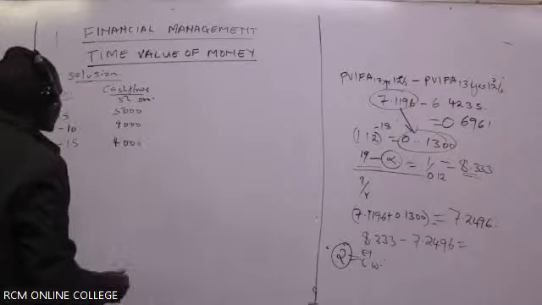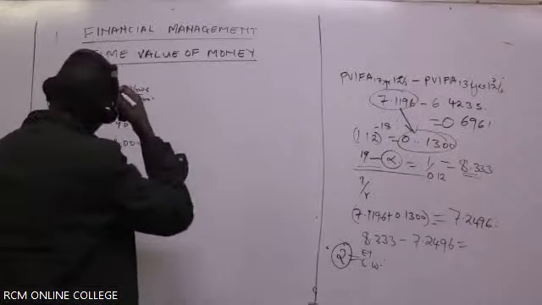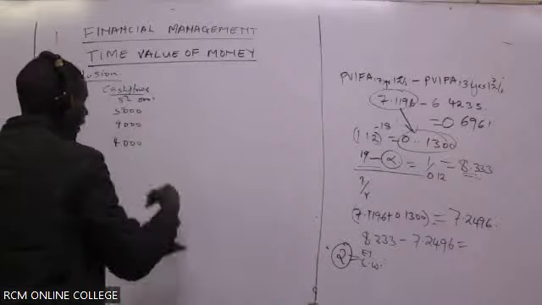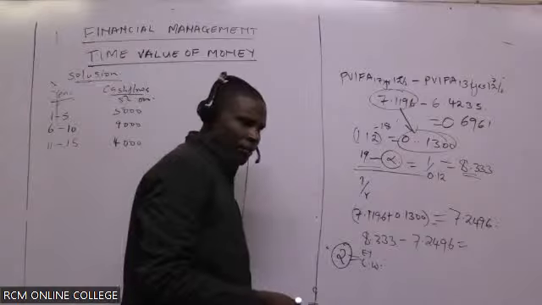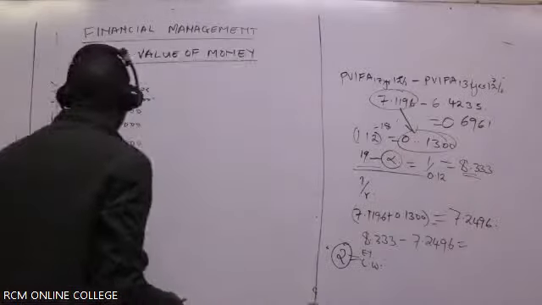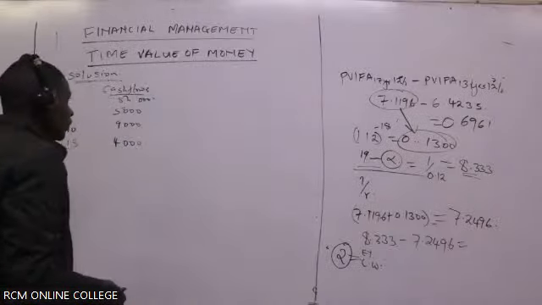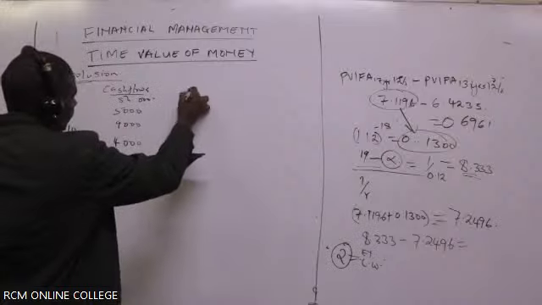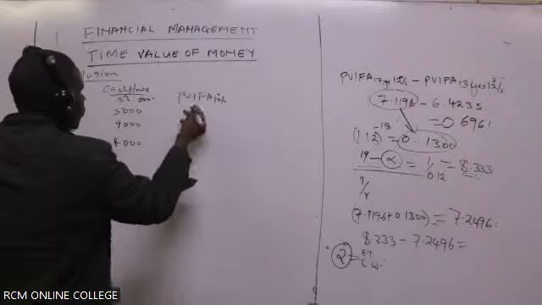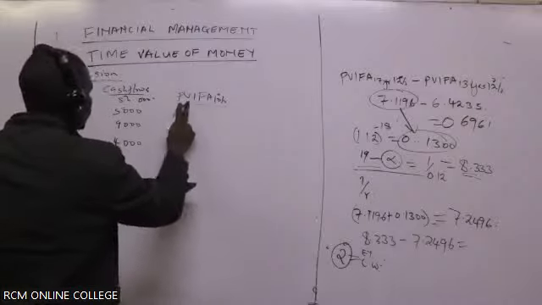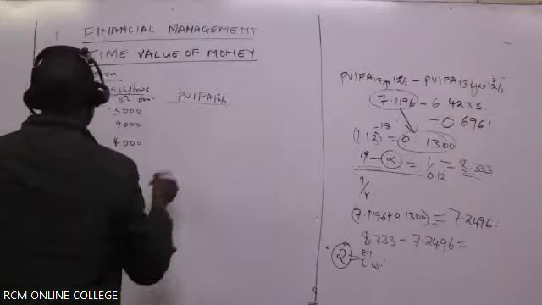Good. All these cash flows are regular, and therefore we're going to use the PV for 10%. So can you give me that of the first 5 years?